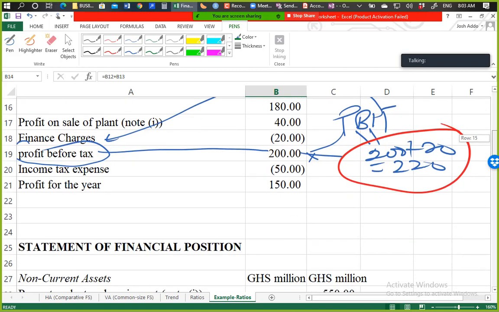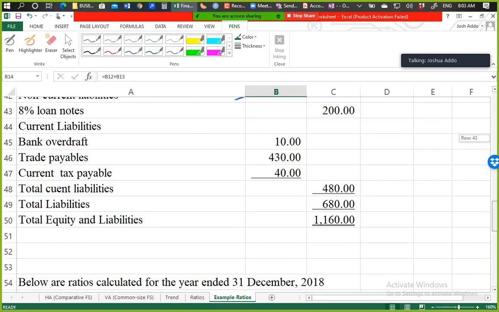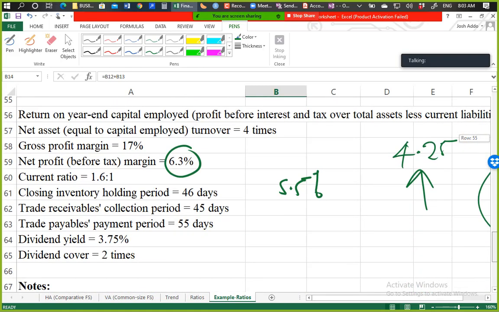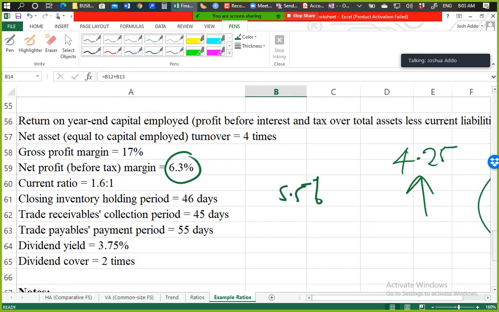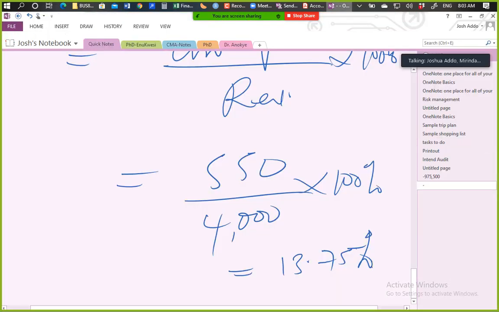Okay. So previous year's measure on gross profit margin was 17%. This year was what? 13.75%. Am I right? Let's check. Sir, 13.75. Good. Yes, sir.